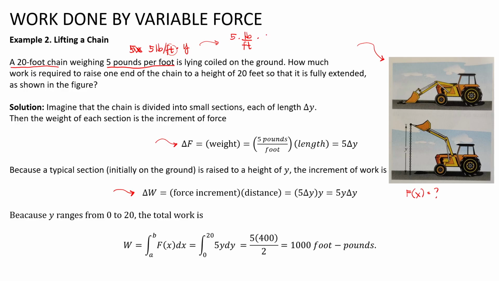That's why we need to multiply it with y first, the unknown variable. We don't know how much we'll be extending, right? Of course, it is also presented that you need to raise it fully extended 20 feet, meaning the distance will be used up here, right?